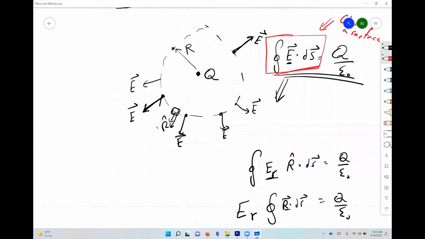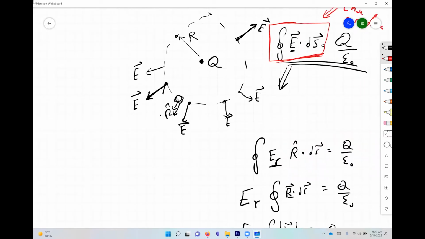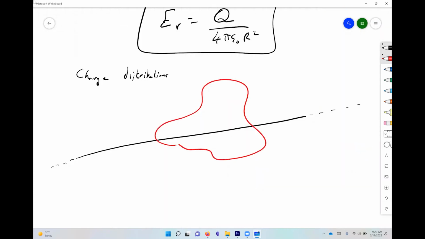So here, if I'm stupid, I could choose a surface that looks like a potato, right? But I don't need to do that. I can choose a cylinder that's centered along the line.